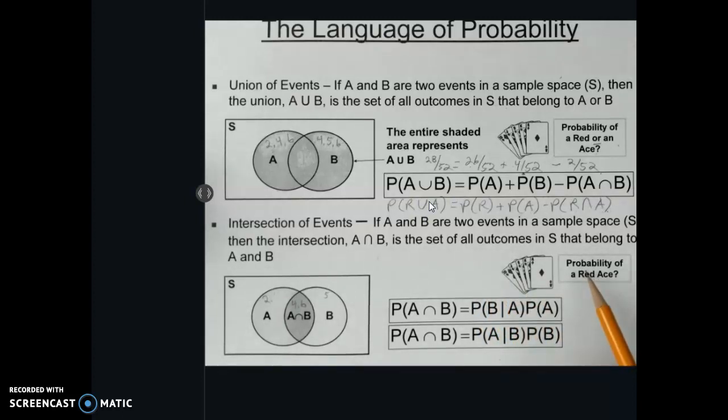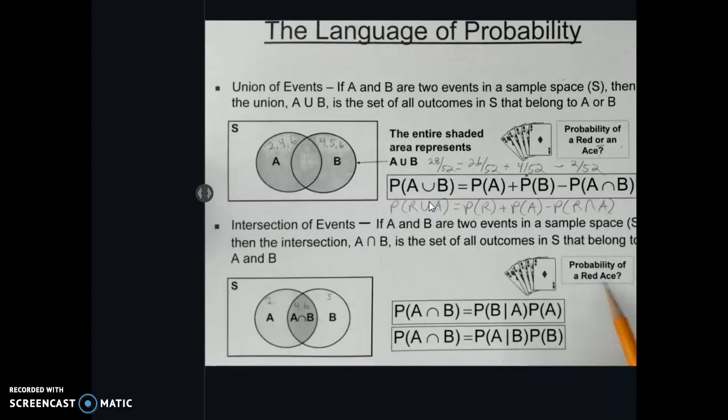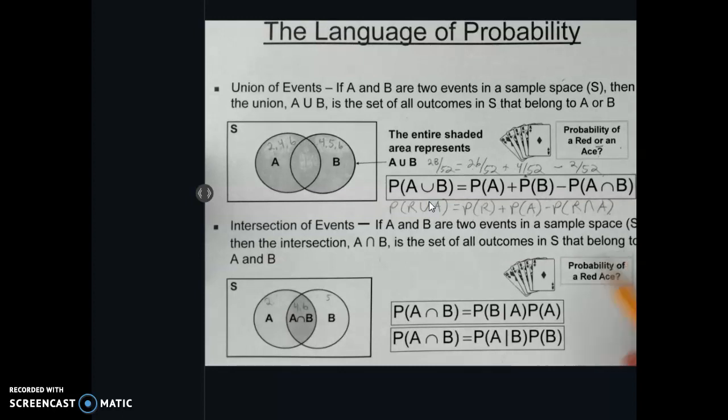And here we're being asked to determine the probability of a red ace. So you interpret this as red and ace. The formula says the probability of A intersecting B is equal to the probability of B given that A occurs times the probability of A. Okay?